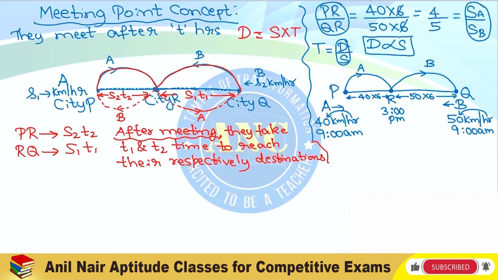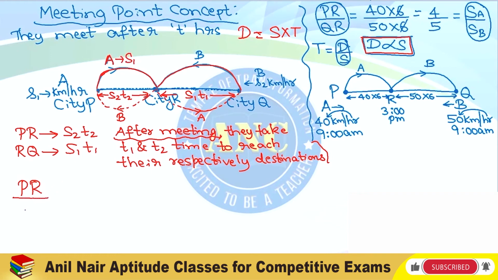Now, from the diagram or from the right hand side explanation, we came to know that the distance ratio is directly proportional to the speed ratio. Can I say that the distance traveled from P to R, who is traveling initially? A is traveling this with a speed of S1.